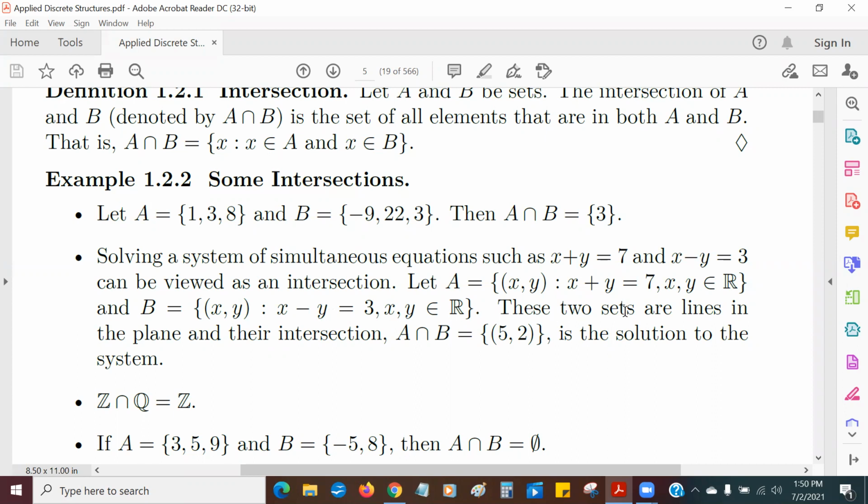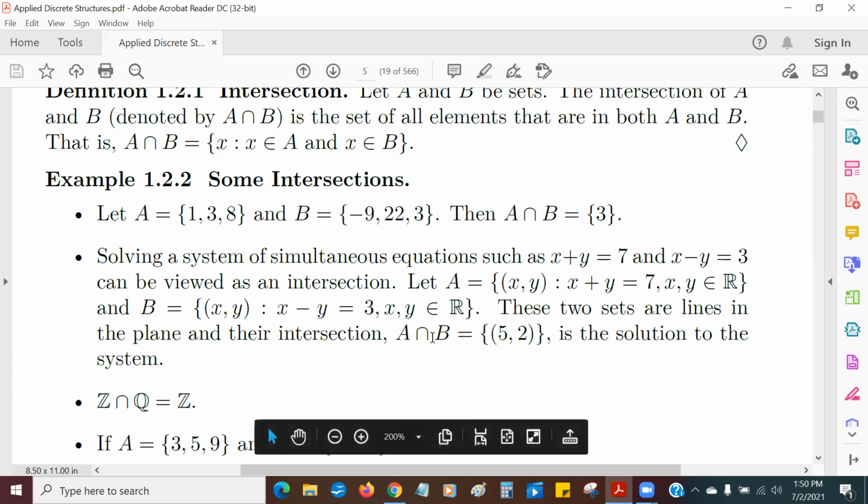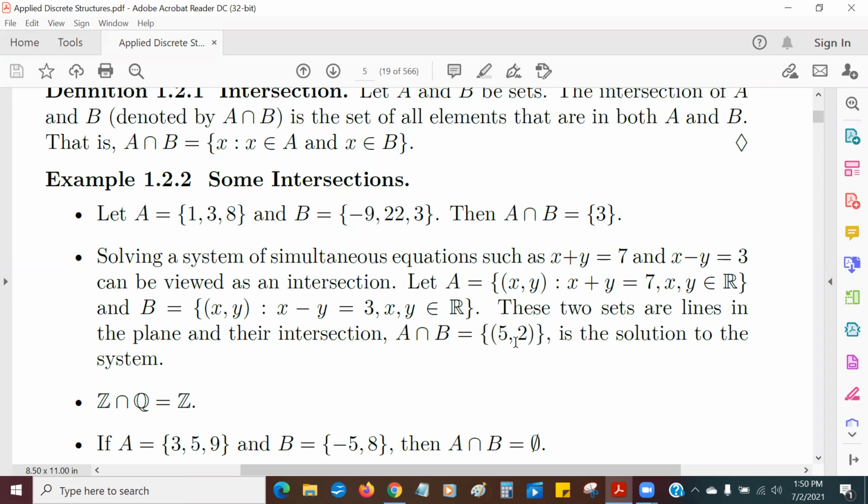Now, if you graph these two sets, they are lines in the plane, and their intersection, A intersect B, is the set containing the ordered pair (5, 2). 5 plus 2 is 7, 5 minus 2 is 3, and that's the solution of the system.